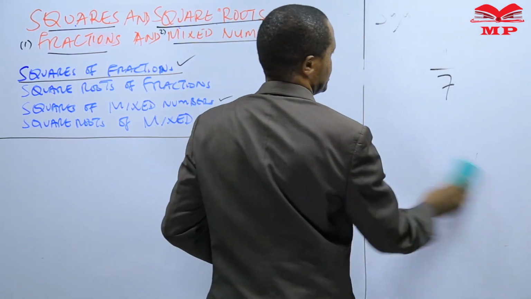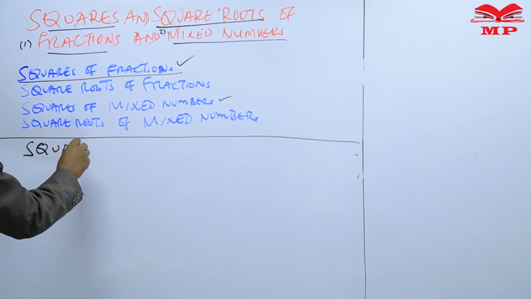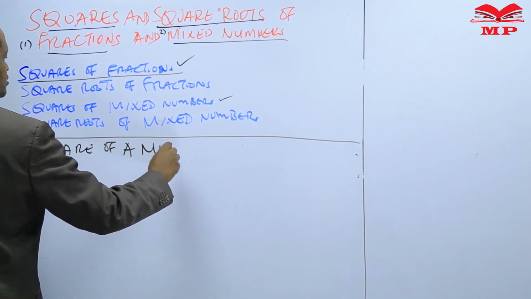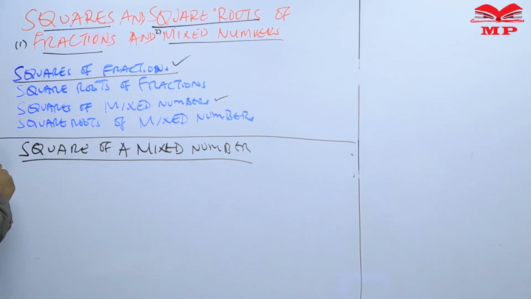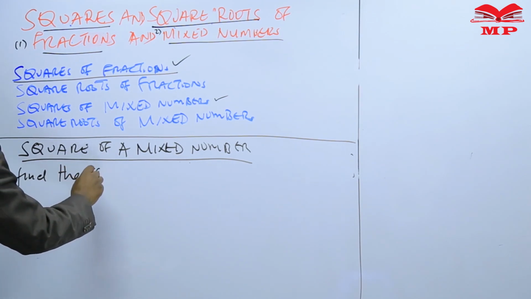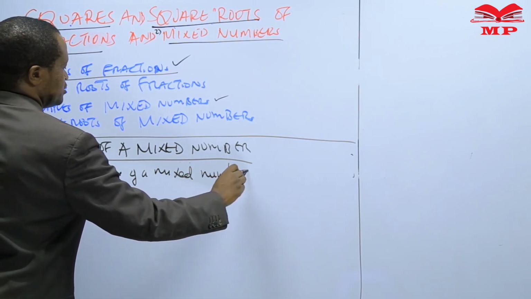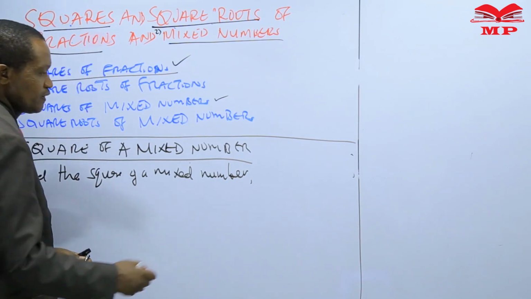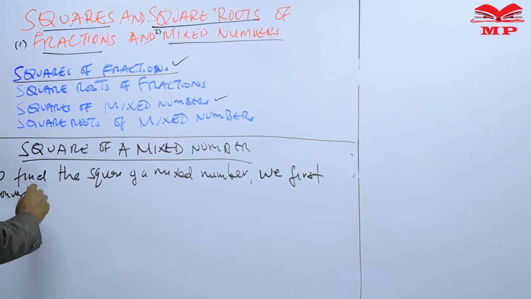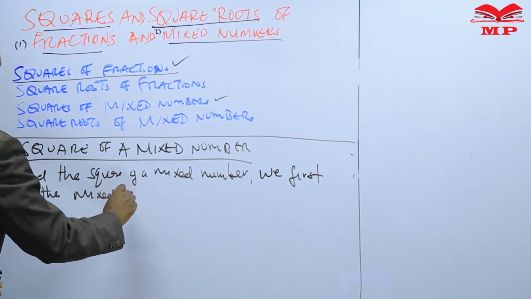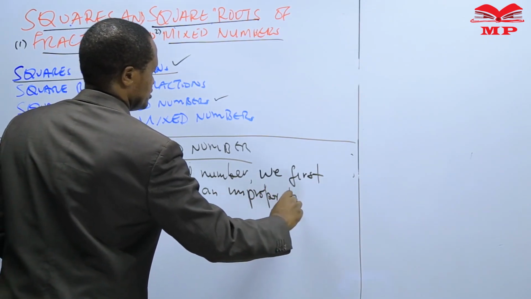To find the square of a mixed number, we first convert the mixed number to an improper fraction.